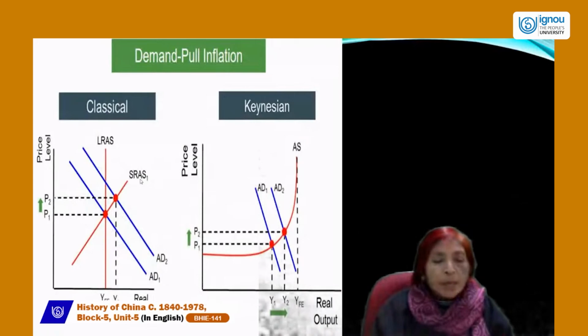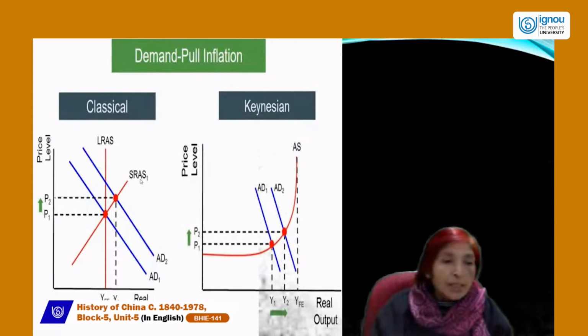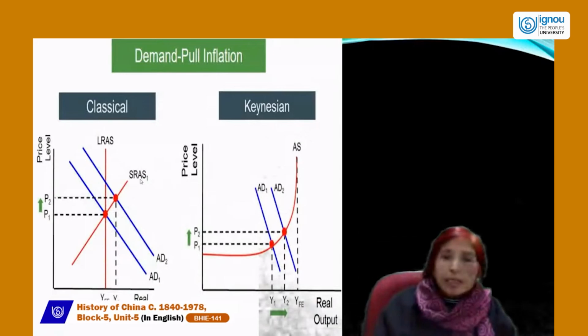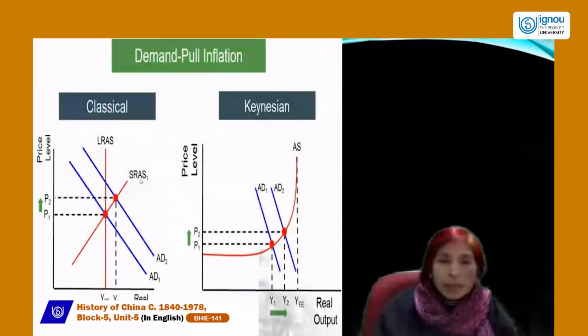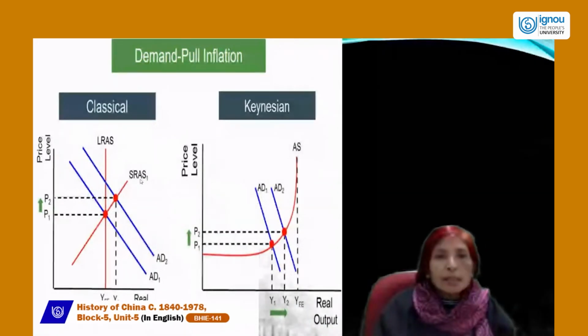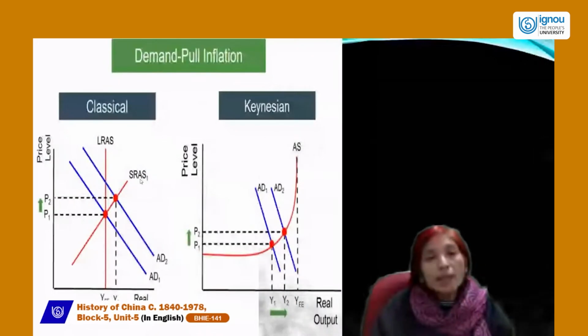So where aggregate demand and the short run aggregate supply curve intersect each other, the equilibrium point will be determined. At this equilibrium point, if Y to Y2 is full employment, then nothing will increase. Means income, output, and employment will not increase, the price level will rise according to the classical approach.